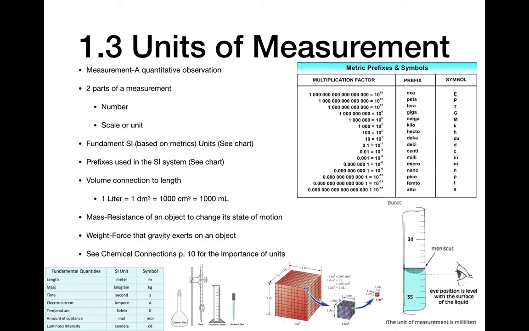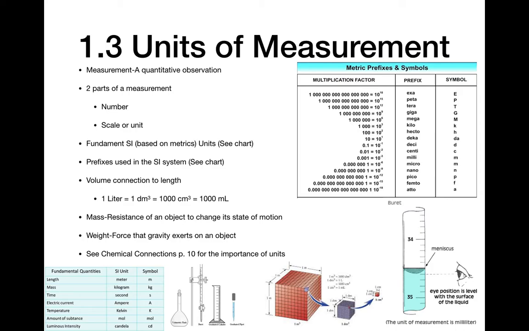If you look at the chemical connections, page 10, you'll see an important little reading there on the importance of units. On this page, you'll see that we have the metric prefixes and what they stand for. We talk about measuring volume in a cylinder and measuring the meniscus, the bottom of the meniscus. You probably remember that from your earlier chemistry classes.